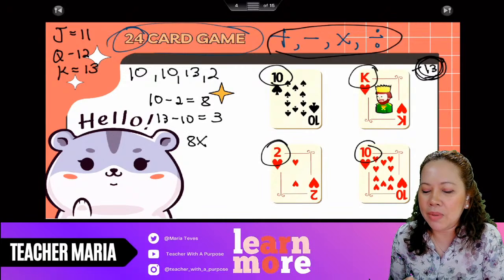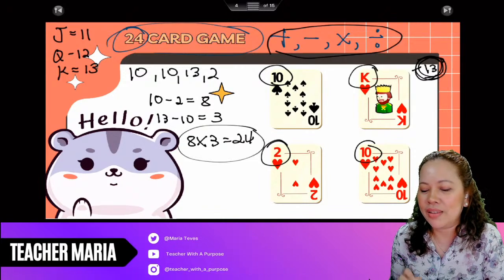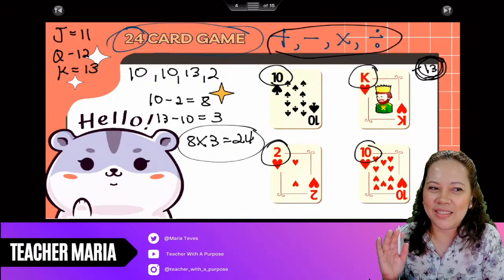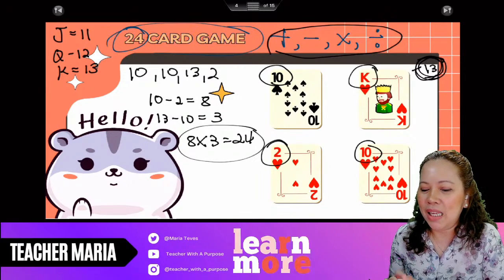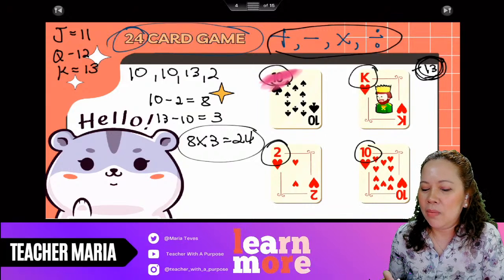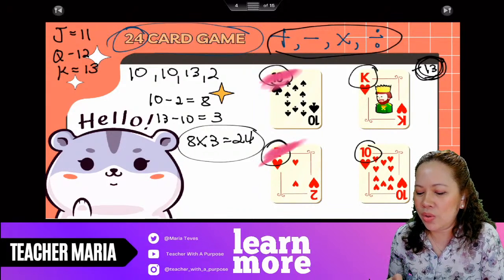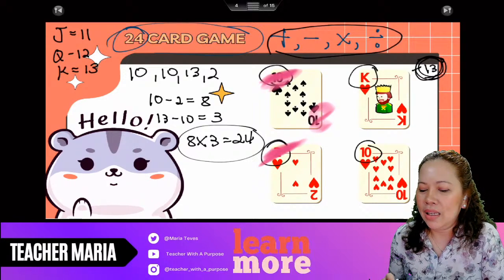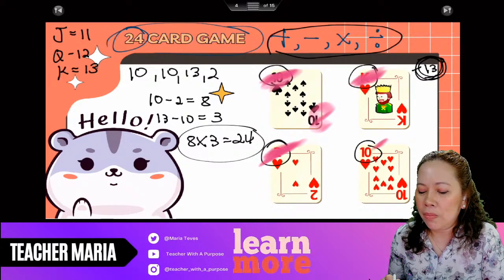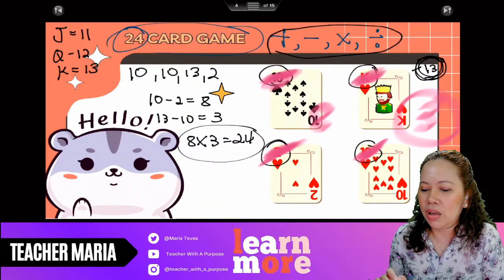And then 8 times 3 is 24. That's it. You get it? So 10 minus 2 is 8. That's 8. 13 minus 10 is 3.